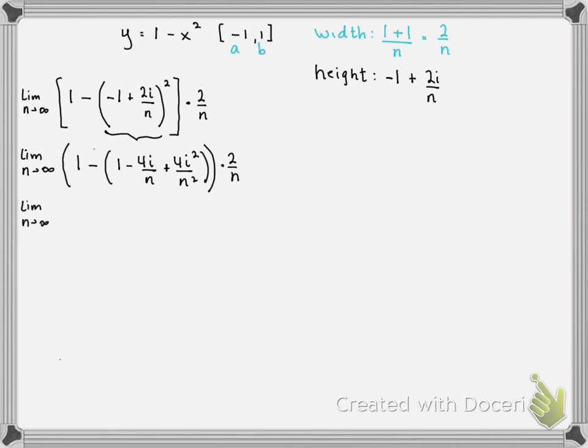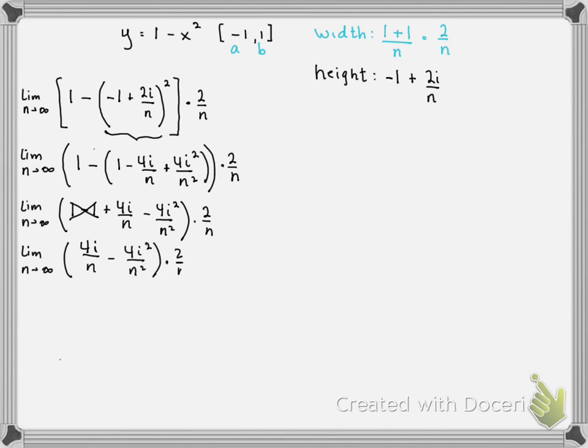So we are still algebraing here to get 1 minus 1 plus 4i over n minus 4i squared over n squared times the width of 2 over n. Still simplifying, 1 minus 1 is gone. Okay, so these two things subtract each other away, and we're left with 4i over n minus 4i squared over n squared times the width.